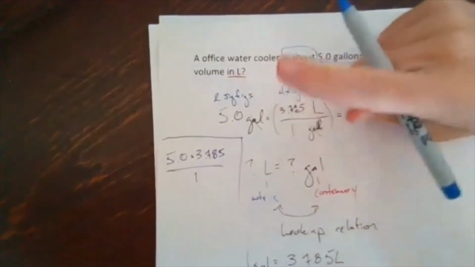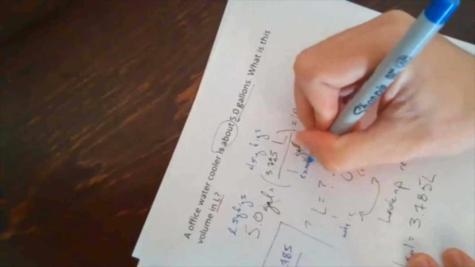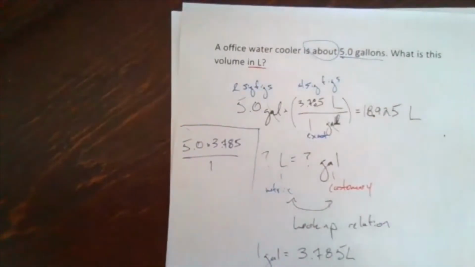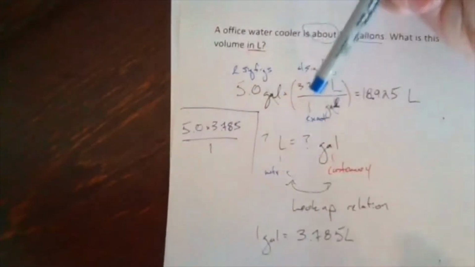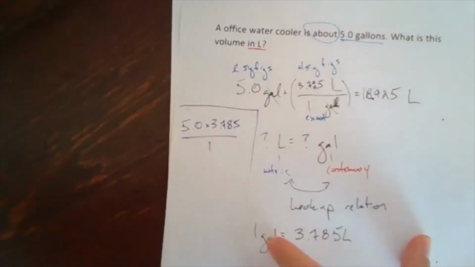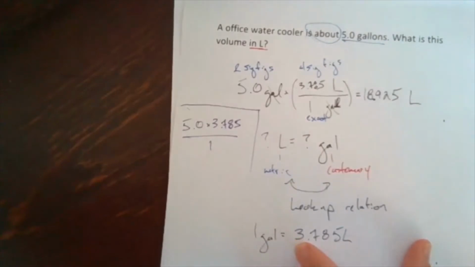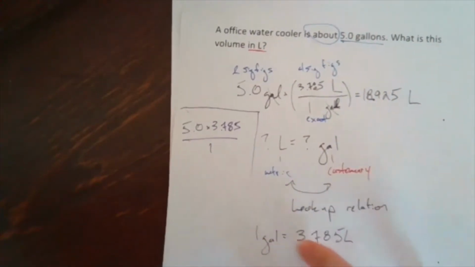We may be tempted to call that a 1 sig fig, but this is exact. Whenever we're dealing with metric to customary conversions, basically how we can interpret this is that exactly 1 gallon is approximately 3.785 liters. That's the relationship, that exactly 1 gallon is approximately.